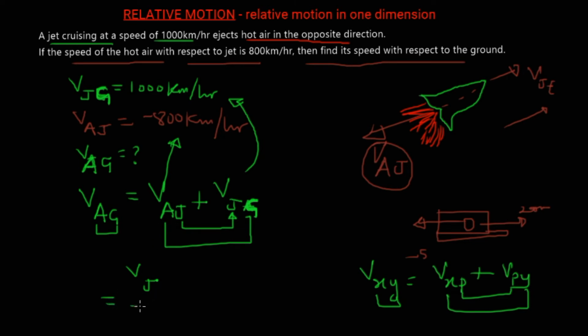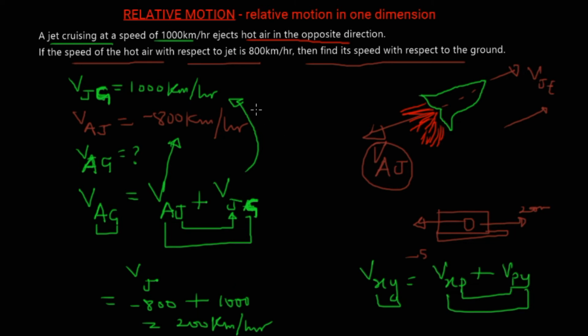We have minus 800 plus the velocity of the jet with respect to the ground, which is 1000. So the answer is 200 kilometer per hour. I hope you understand.